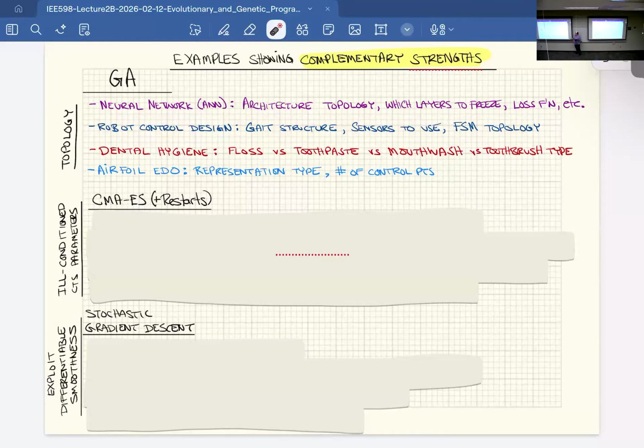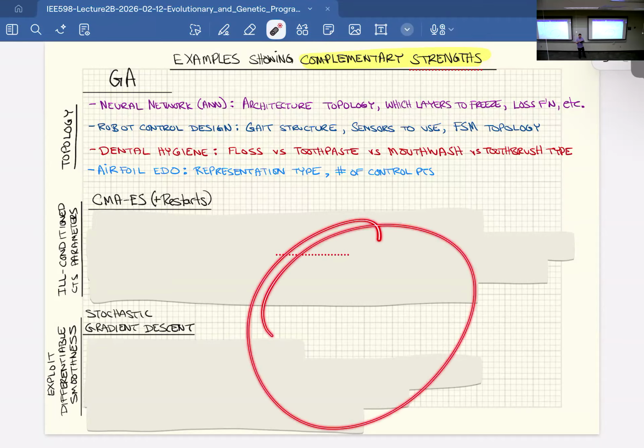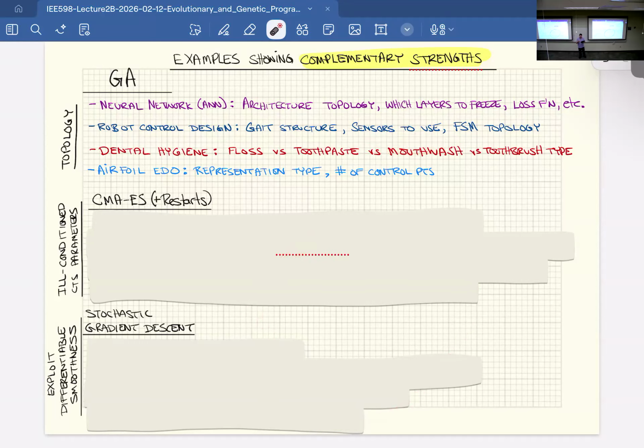That gait structure is something that you can experiment with using the GA, but because it's so discrete, it's not this nice, smooth, continuous search, so it'd be difficult to use these here. Which sensors to use in which part of a robot? If there's a state machine that's driving decisions in the robot, what's the structure of that state machine? Those are all things good for a GA.